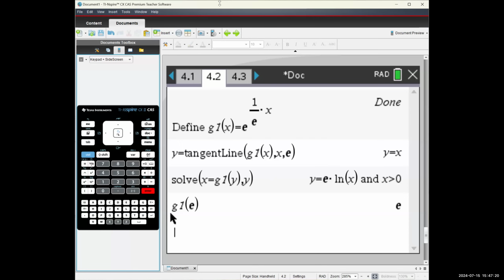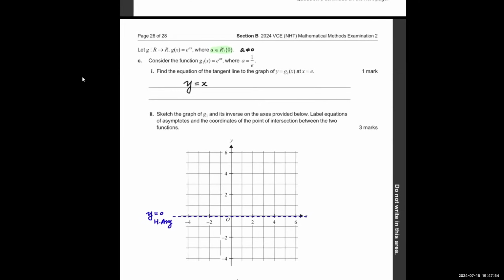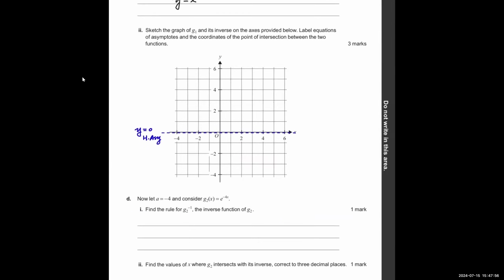Let's come back to the graph sketching. I'll be using a blue pen for my original function. I need to label the equation. y equals 0 is a horizontal asymptote. And when x equals 0, e to the power 0 is 1.